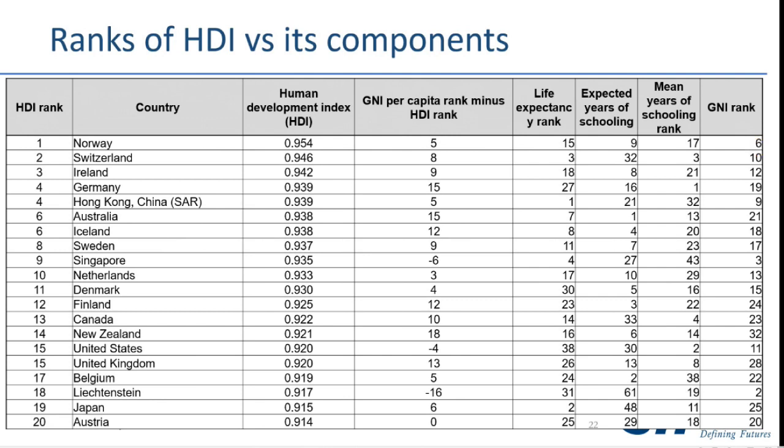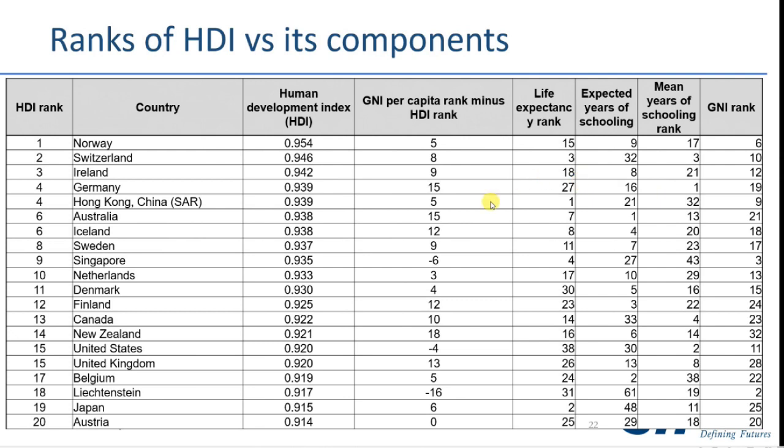It means that Norway is doing better in other aspects: life expectancy, expected years of schooling, and mean years of schooling. This is why its rank is at the top, not because of the GNI rank.